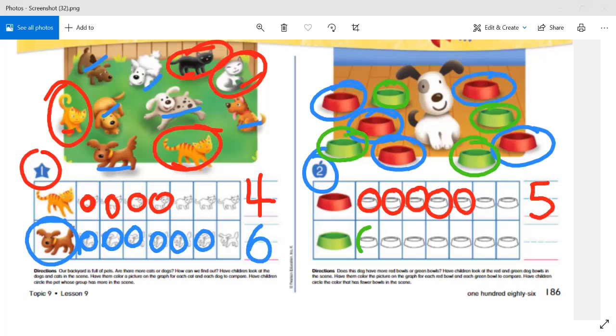So we're going to color in 4. Write the number 4, and now they want you to circle the bowl that has fewer in the scene. Are there fewer red or fewer green? Do you remember what fewer means? Fewer means less. So which bowl is less? 4. So we are going to circle the green.